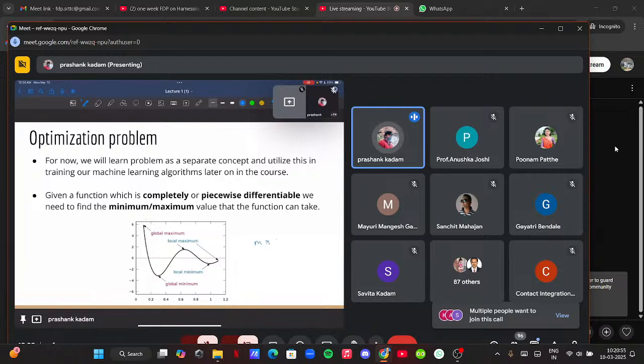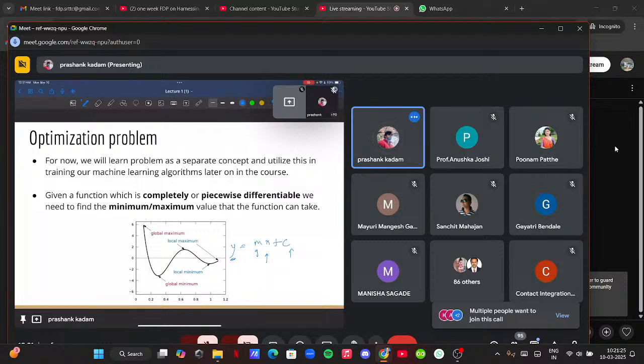For example, for mx plus c, what is the optimal m? What is the optimal c that will fit my data in the best possible way, such that if I replace x with any value of x, I should get a value of y which is very close to what I'm expecting? So that's the idea. We're trying to find m and c.